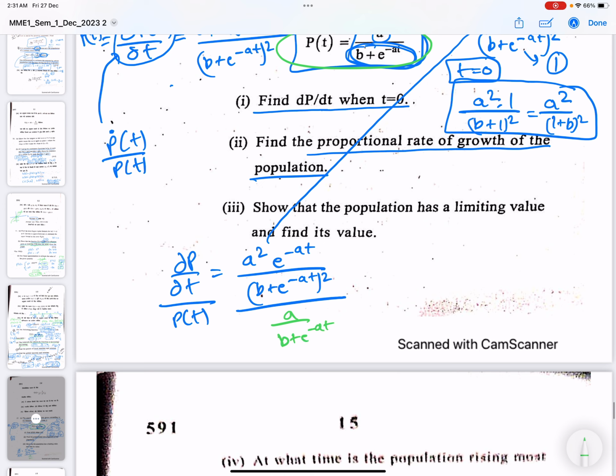So a would cancel out, the square term would cancel out. So it would be a into e to the power minus at upon b plus e to the power minus at.